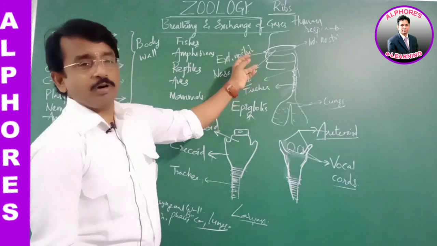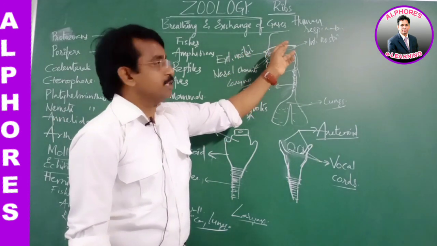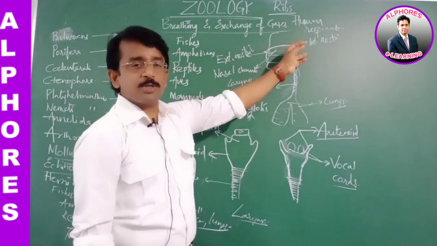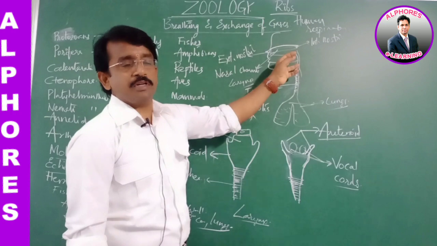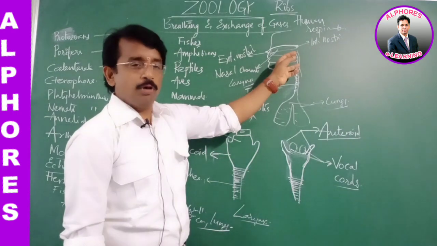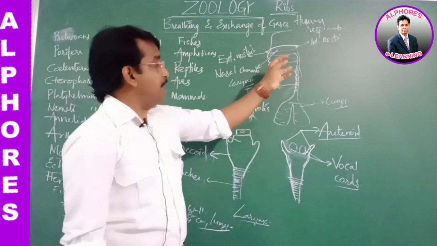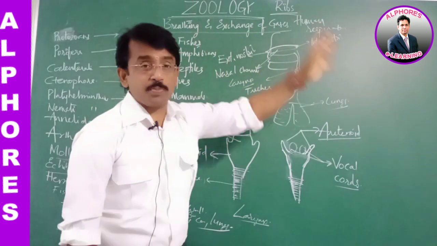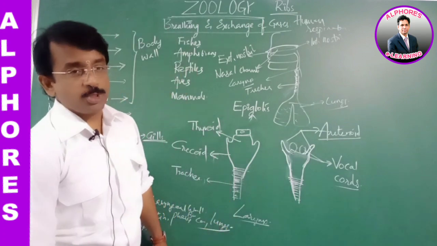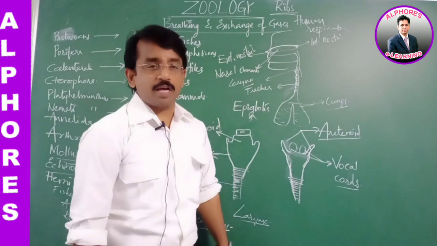External nostrils or external nares lead into the nasal chamber, that leads into internal nostrils, then the pharynx, which is a common passage for the air and food, then into the larynx, then into the trachea. This is all the respiratory passage, and the respiratory organs are lungs or the pulmonary sacs.